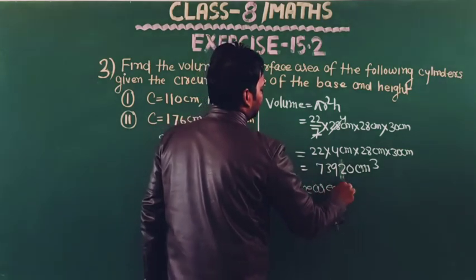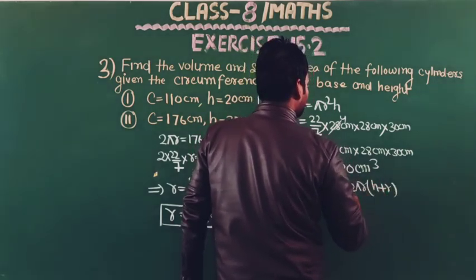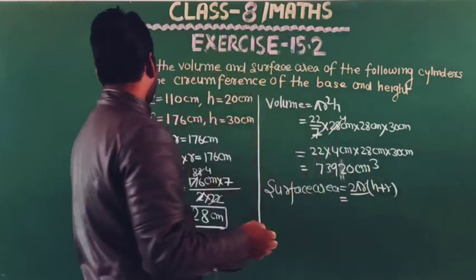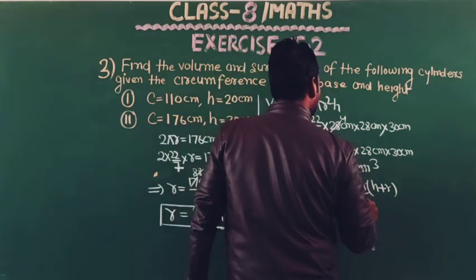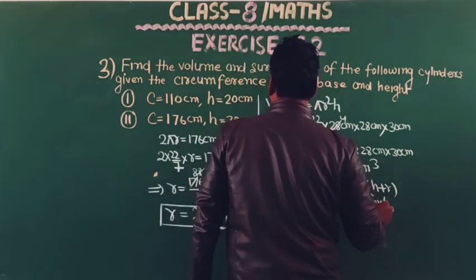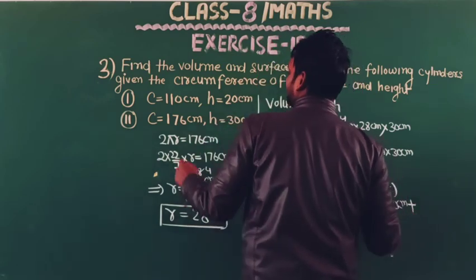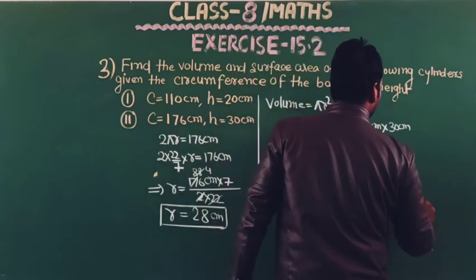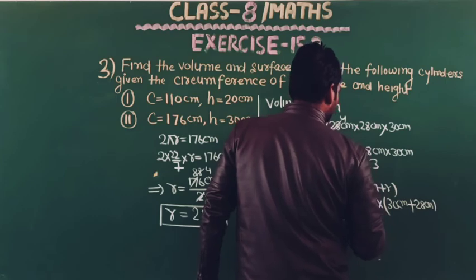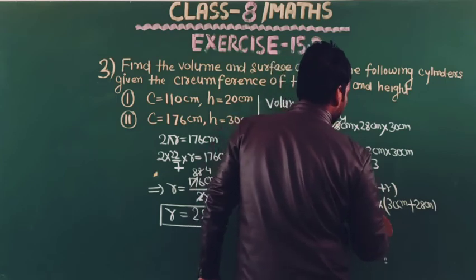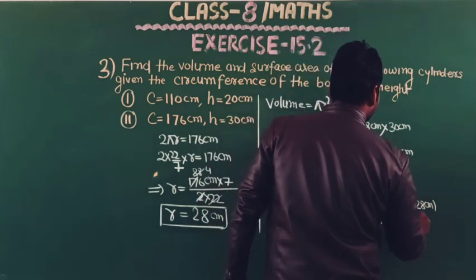And surface area is calculated by using the formula 2 pi r into h plus r. Here substitute the value of 2 pi r directly, which is 176 centimeter into h, 30 centimeter, plus radius 28 centimeter. So this is 176 centimeter into 58 centimeter.